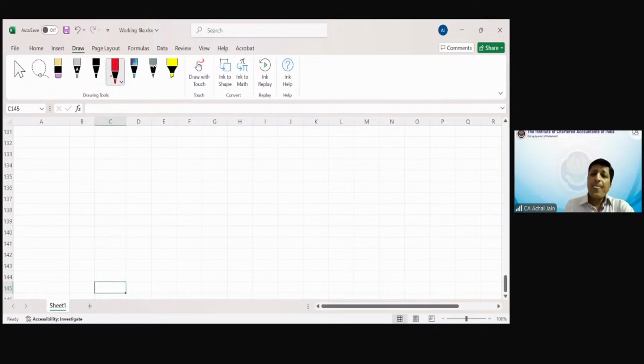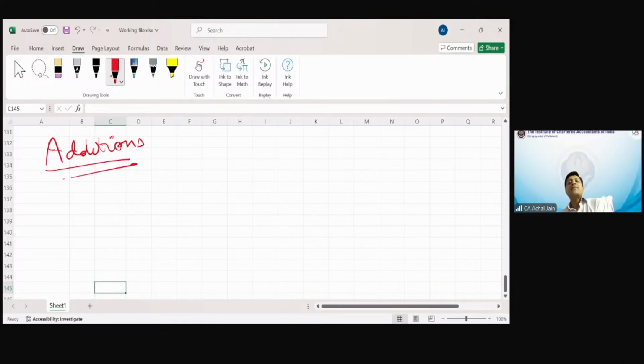Another thing, now when it came to additions, we talked about the sample. Means on a sample basis, we'll verify what are the additions during the year. But what if the addition is in respect of such type of assets which will take a significant period for acquisition or construction?